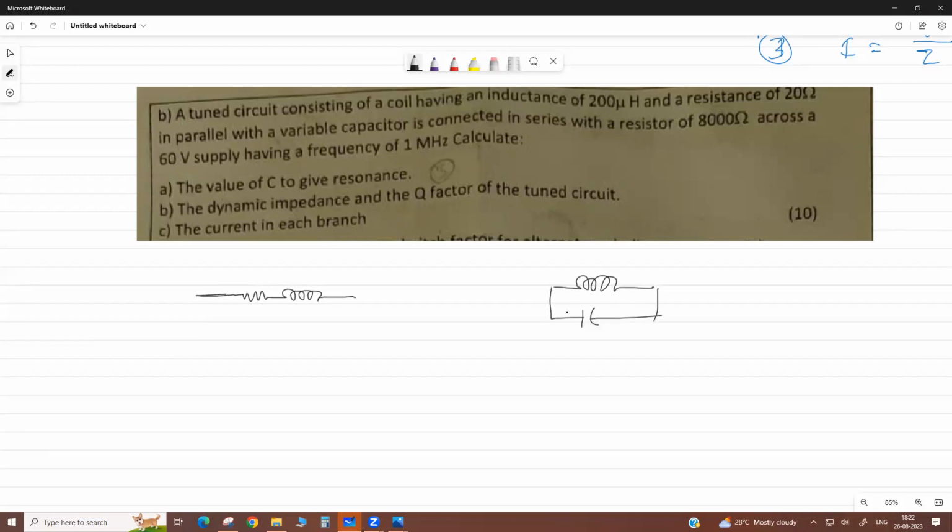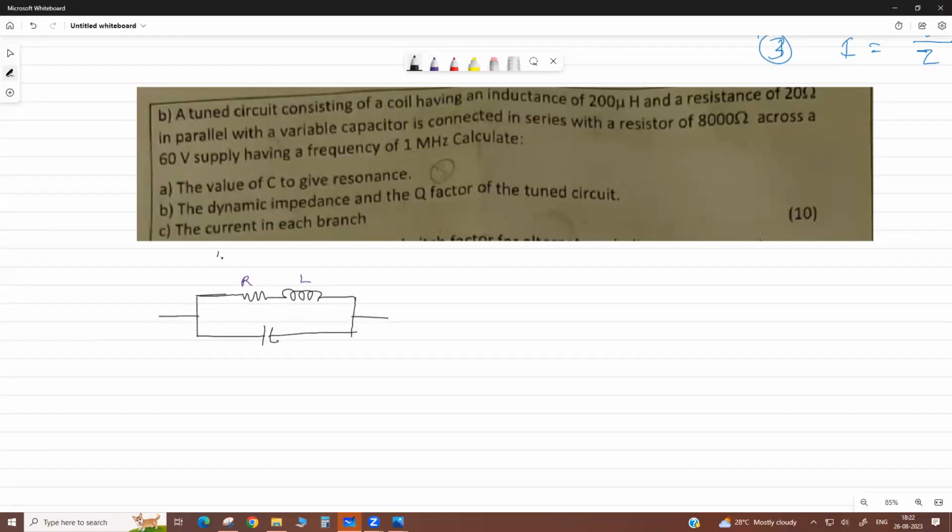But if it is a practical coil, then there is a resistance also. So this is the coil resistance, this is your coil inductor, and there is one capacitor connected in parallel with this.